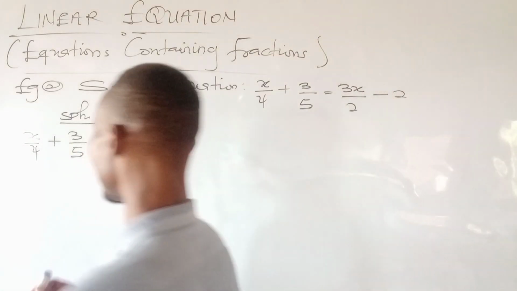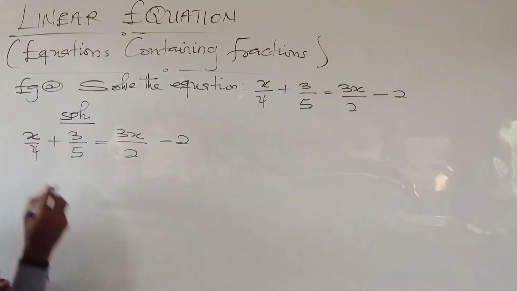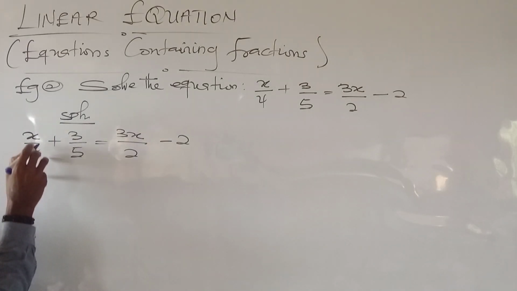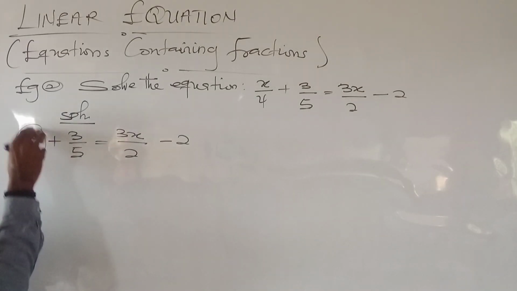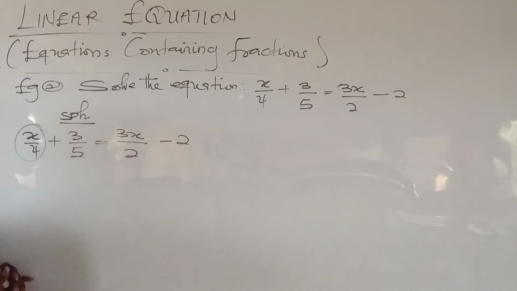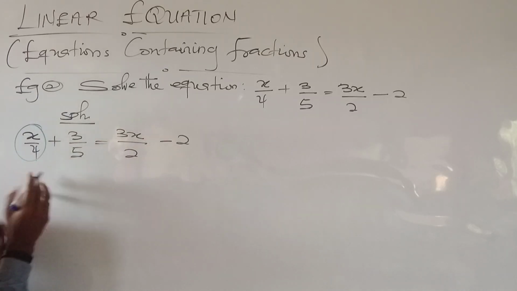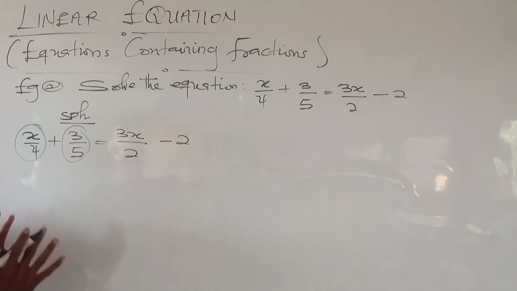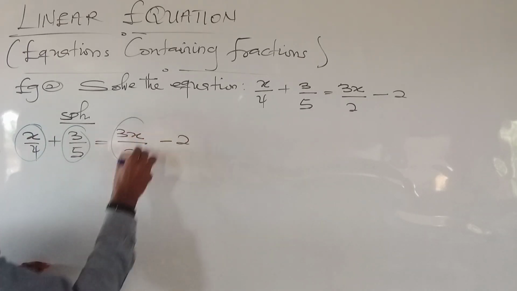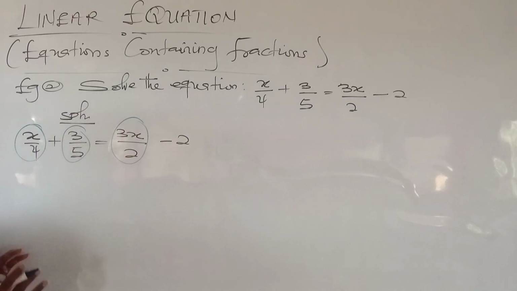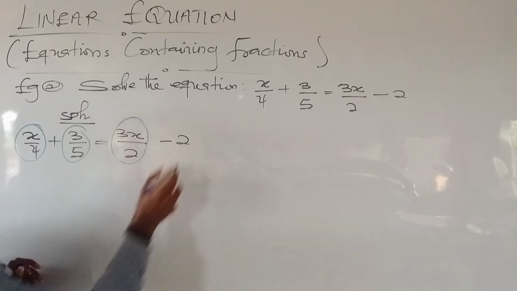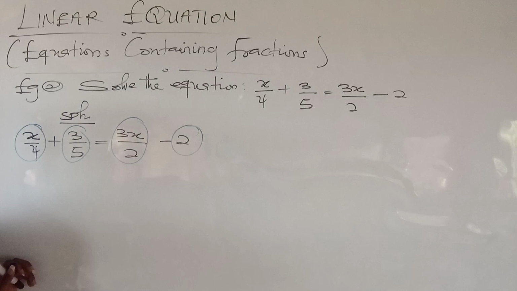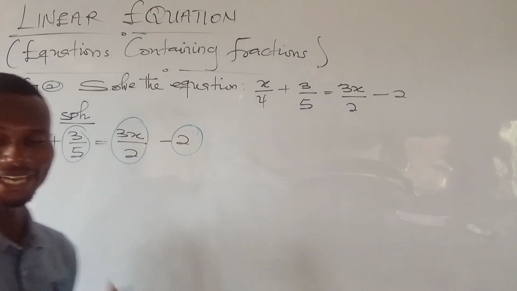Let me do it like this for you to get a better understanding. This s over 4 is one term on its own, so multiply it by the LCM. This 3 over 5 is also another term, so we multiply it by the LCM, and this 3s over 2 is another term also, we'll multiply that one by the LCM, and this 2 is also another term, we'll multiply by the LCM.